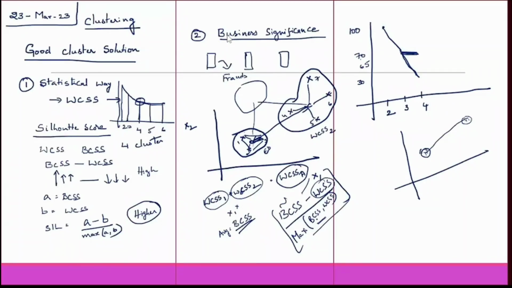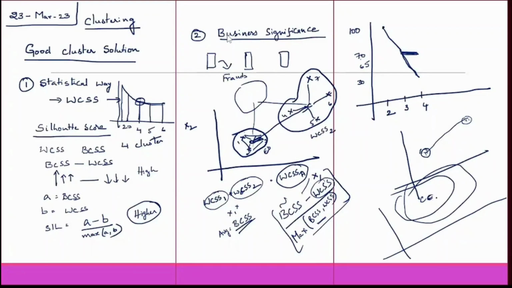And in the other case, probably this is one cluster, where this is the cluster center. Probably this is the second cluster I got, where this itself is the cluster center.